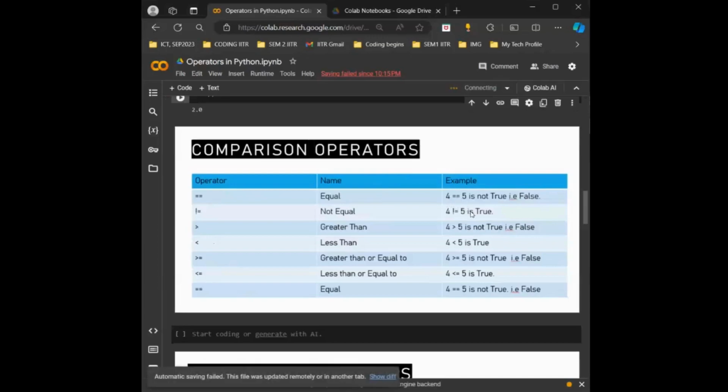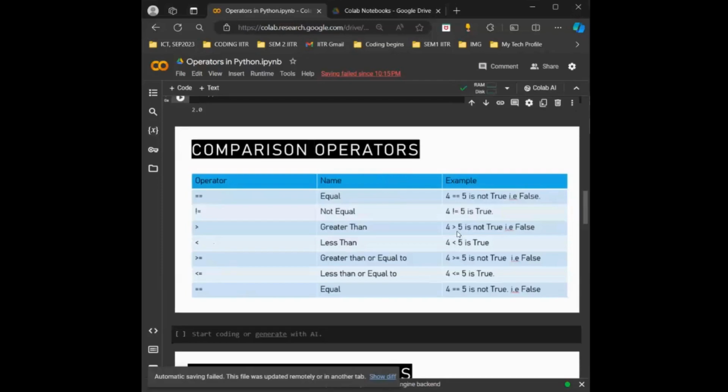Coming to the not equal operator, it is the opposite of equal. That means if I check for 4 equal to 5, it is false. But if I use it with not equal, then it's true. 4 is not equal to 5. It is true. Coming to the greater than sign, greater than checks the left hand side value with the right hand side value of the operator.